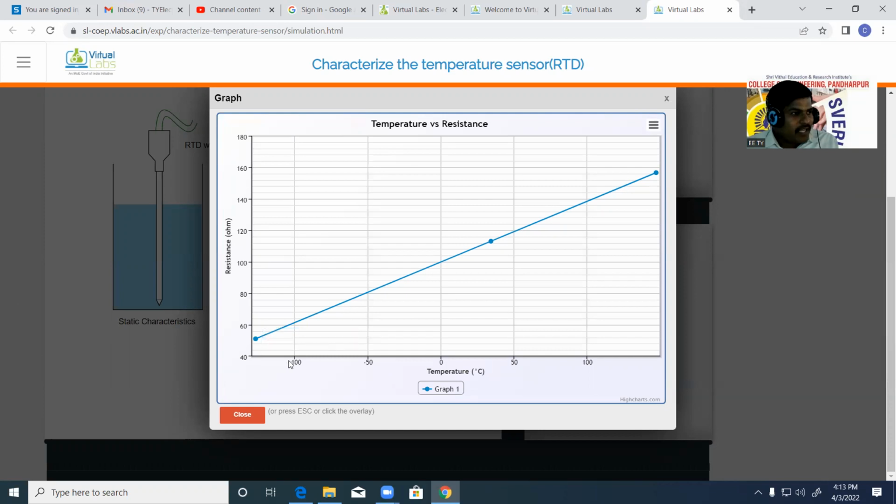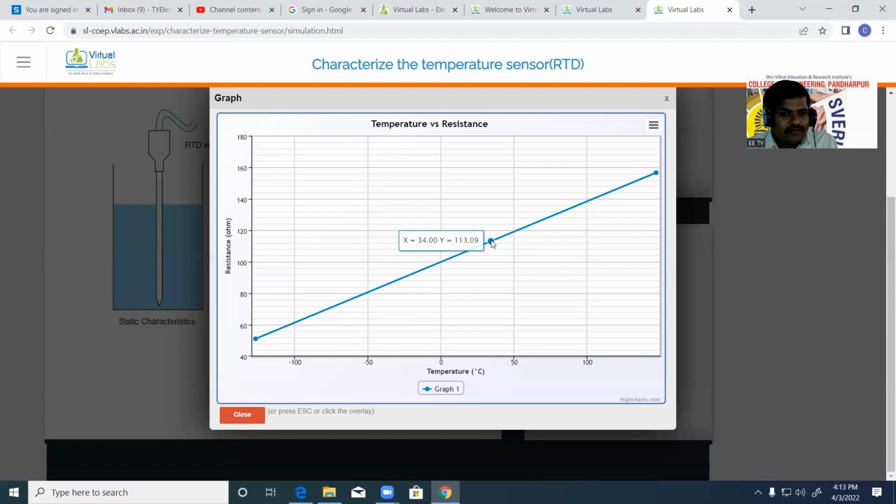Here minus 50, here minus 100, here minus 150, minus 200. So in between that, this point is nothing but at minus 127 degrees Celsius, the resistance we get is 51. Again the second one we have taken.